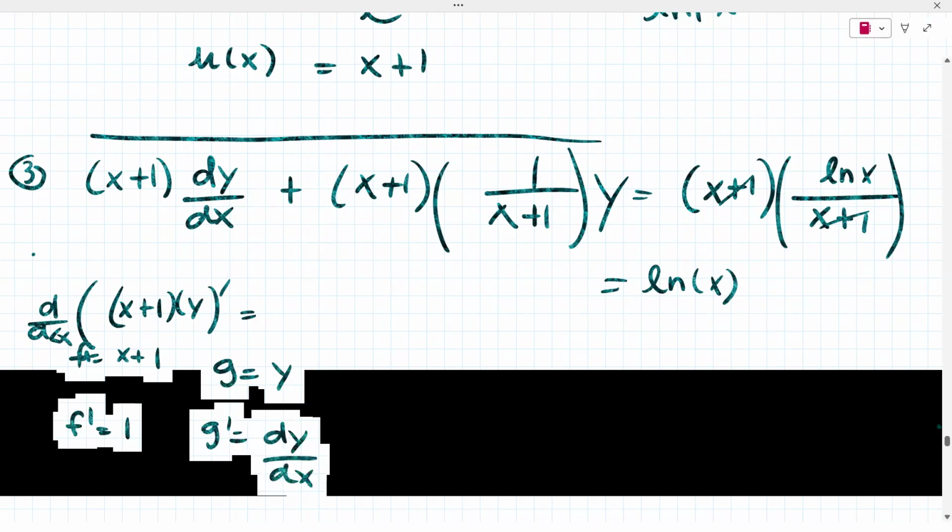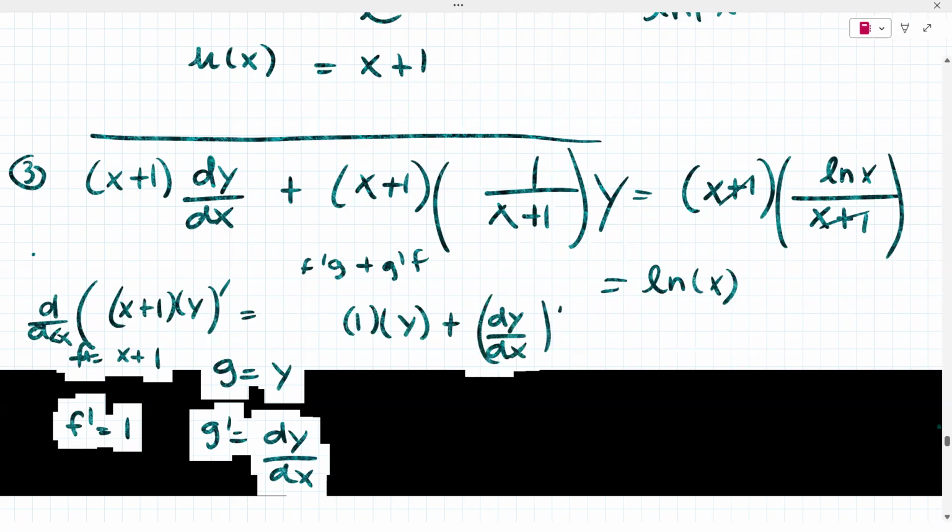Okay. And yeah, so the product rule is f prime g plus g prime f. So f prime is 1, my g is y, my g prime is dy dx, and my f is x plus 1. And yes, that verifies the left. This whole thing is now the left side. So we did it correct.